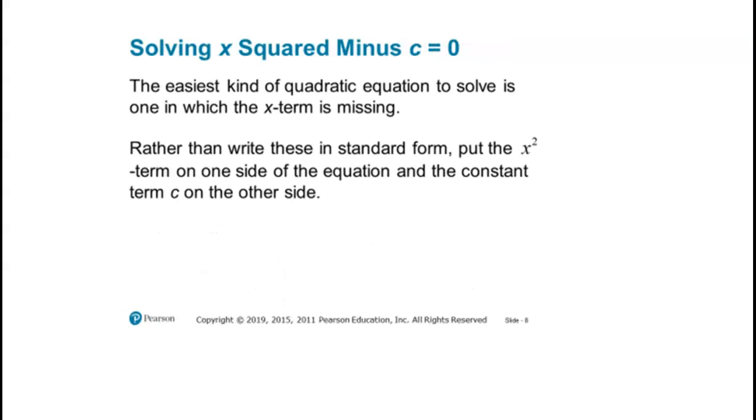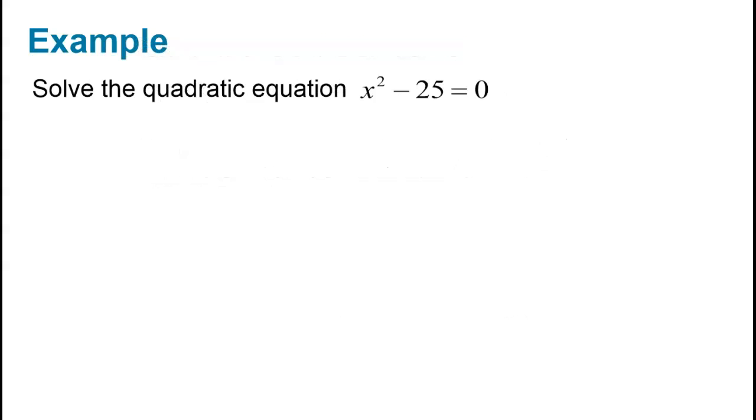Now, the easiest kind of quadratic equation really is one where you are missing the x term and you have a number that is squared on one side. You put the constant on the other side and you go ahead and solve it. In this case, this quadratic equation, x squared minus 25 equals 0, you just move the 25 to the other side, and you have x squared equals 25.